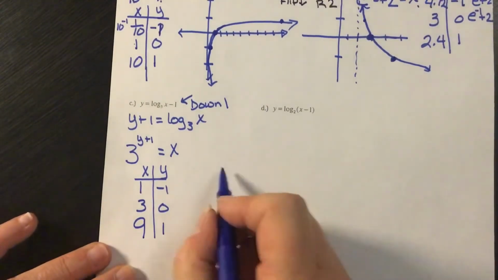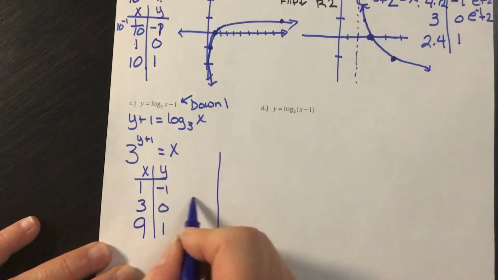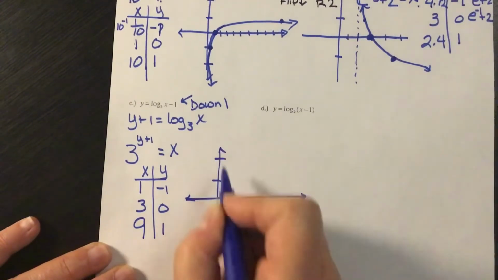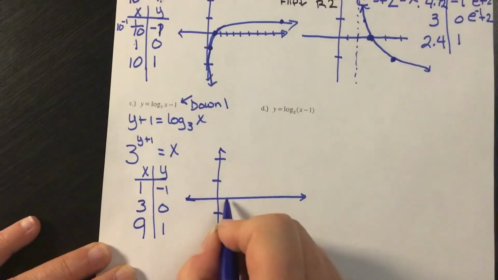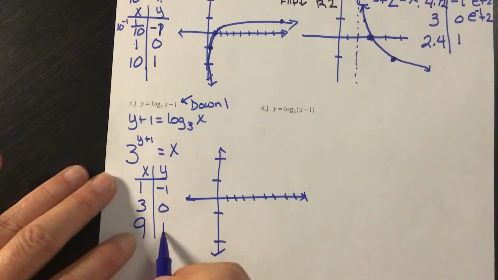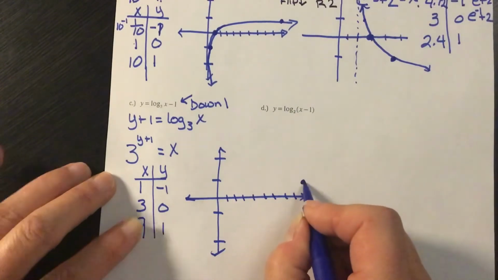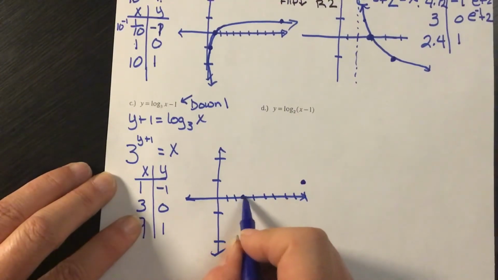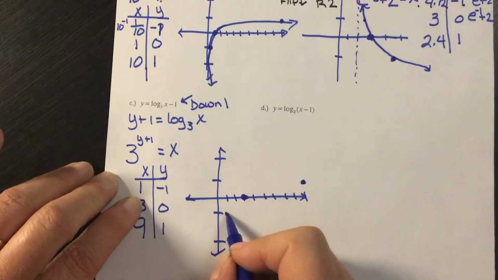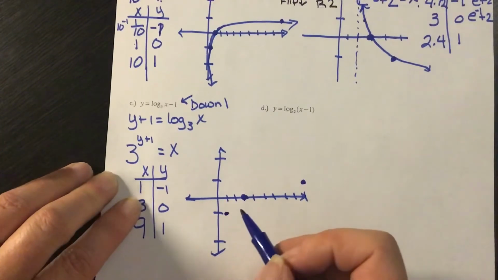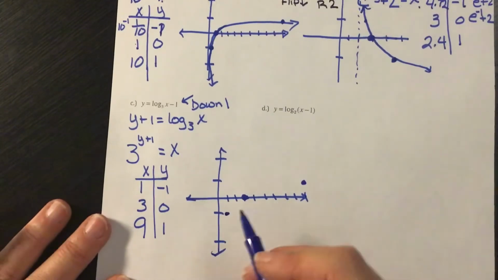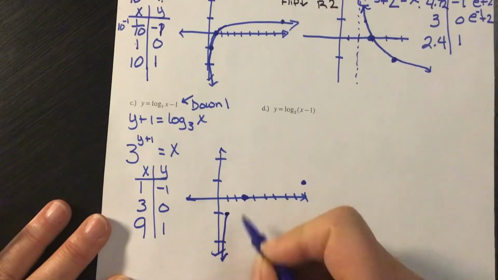Okay, so just on my graph, I have the point, I'm going to go backwards, over 9 up 1, over 3 up 0, and over 1 negative 1. All right, so it's going to look a lot like this.